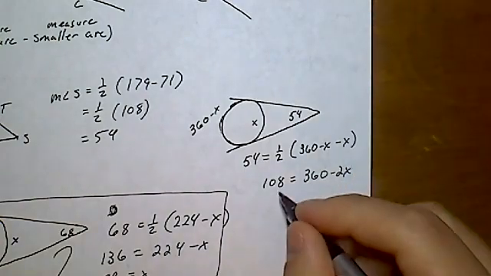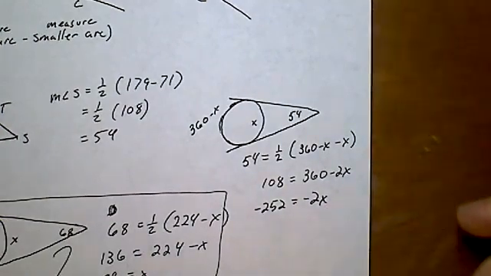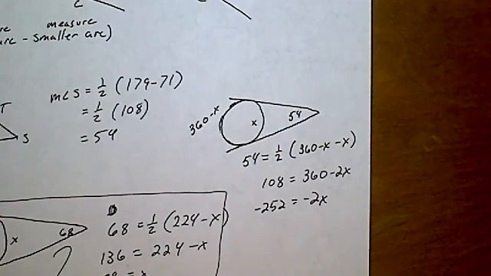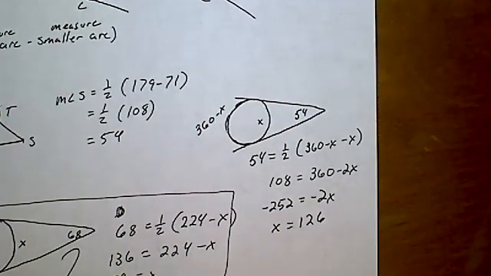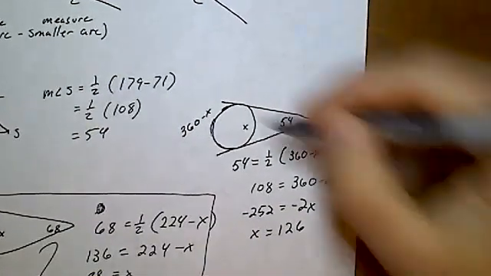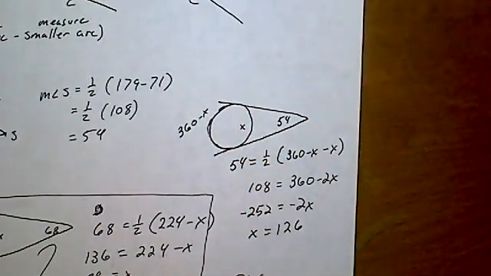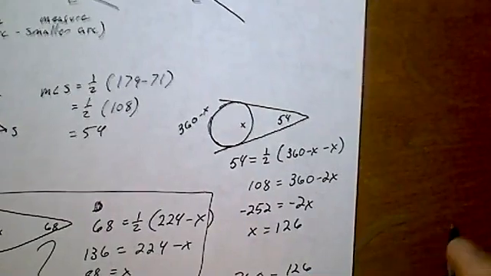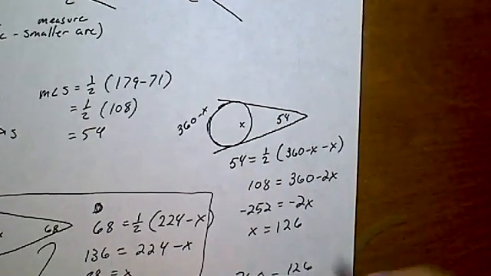It's negative 252. It's negative 2x. Divide both sides by 2. We get 126. If we were looking for the other part, the major arc, it would be 360 minus 126, which would give us 234. Right?